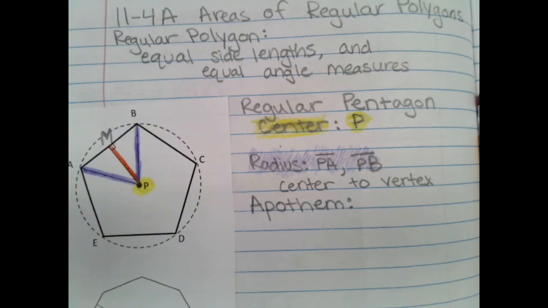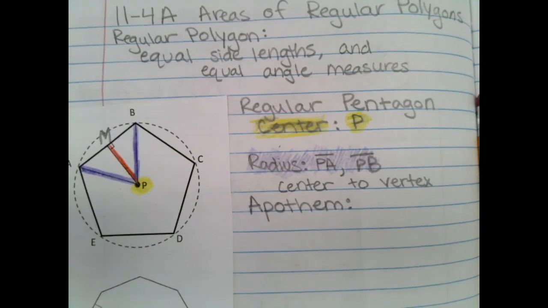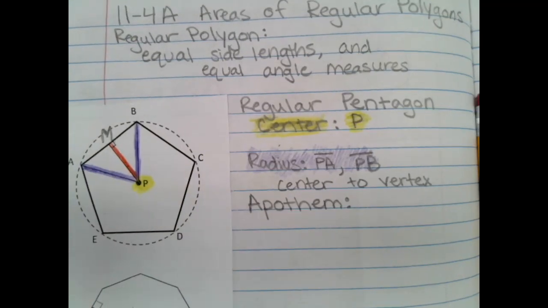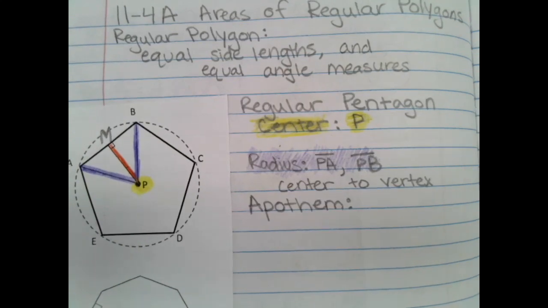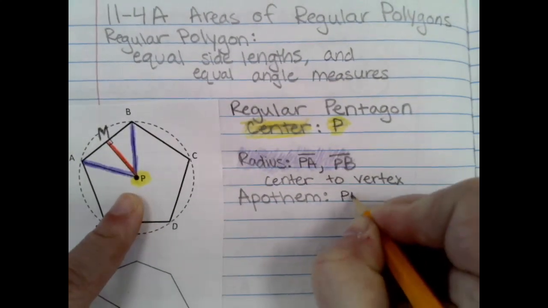Okay, so if you're putting P to the side, that makes sense a little bit. Because instead of connecting the center to the vertex, it's now going to connect the center to the side. Woohoo! Look at you go, researching during class. All right, so our apothem here would be P to M.